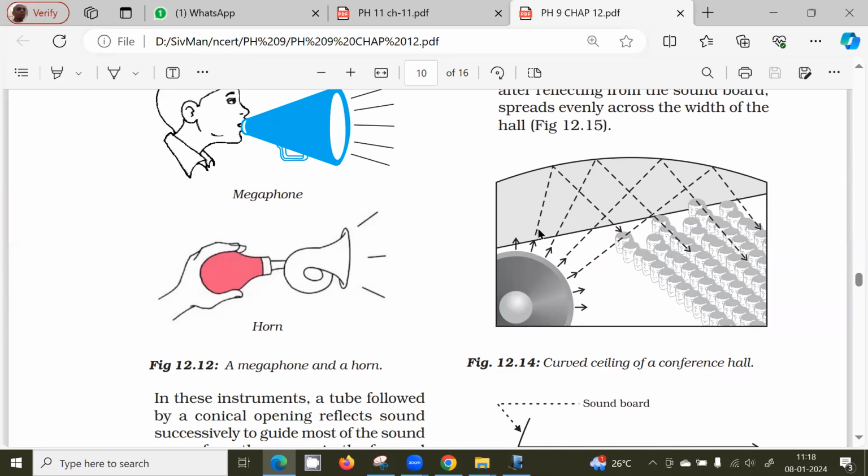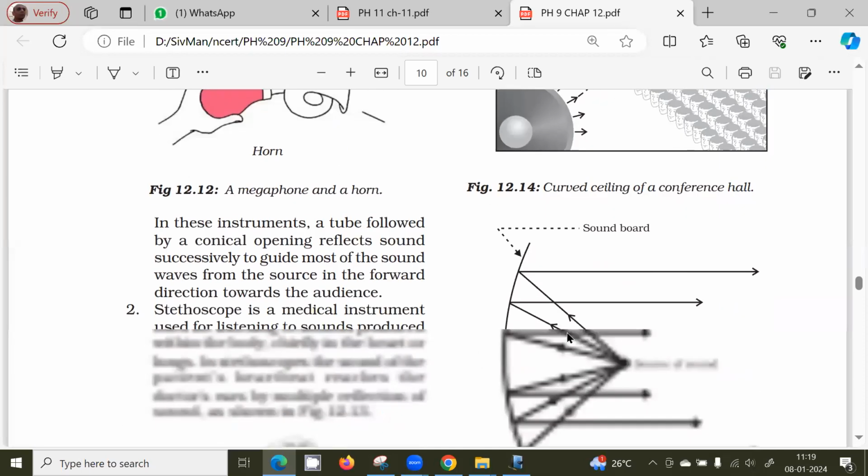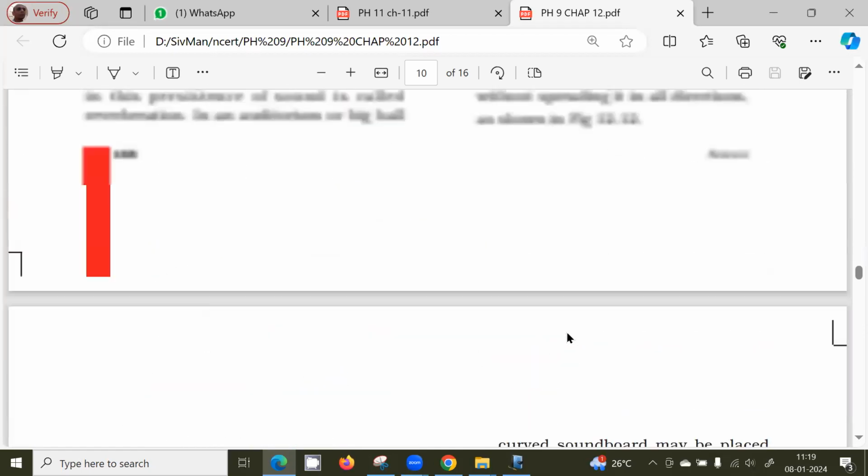You can reduce this reflected sound by designing the material properly. Suppose this material is made of some soft material like cushion, then most of the sound hitting it will get absorbed. So the amount of sound getting reflected will be reduced. In a properly designed auditorium, we can reduce this reflected sound so the sound is heard directly from the source to the person. So this is the design of a good auditorium.